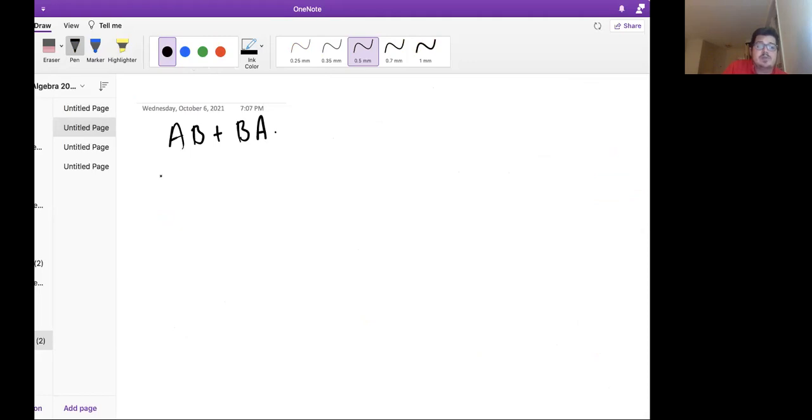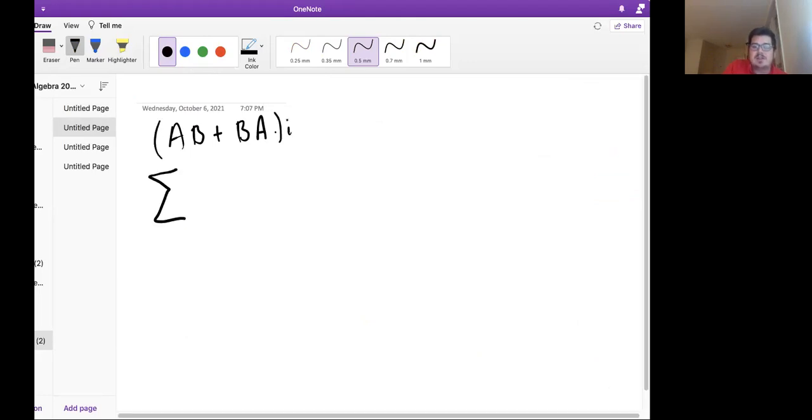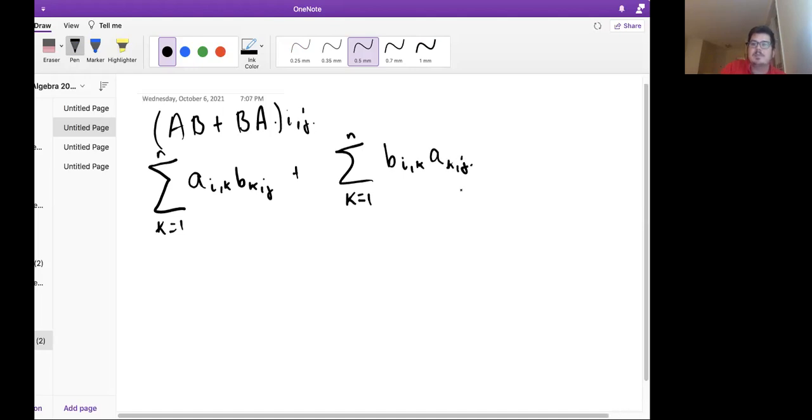Here's the general proof. Let's look at the ijth element of the product, and we're going to see if it's equal to the jith element. So this is the sum of A_ik B_kj, and this is the sum of B_ik A_kj.